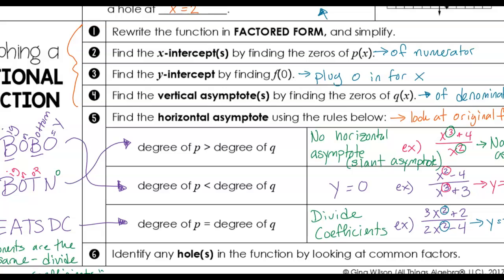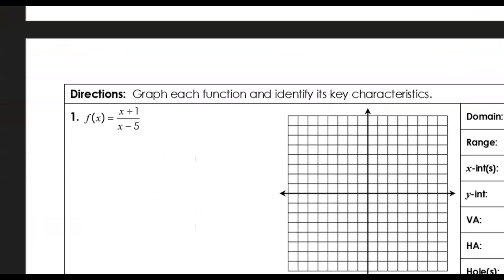No, I'll need to find a horizontal asymptote. Look at step one. What does step one tell us to do? Right before the word simplify. Factor. Yes.